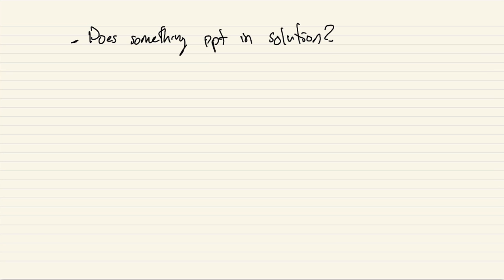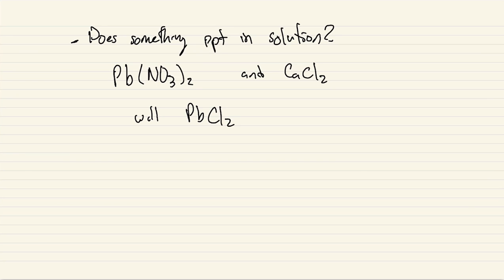And this was if we had two salts that may be mixed together, like lead nitrate and, we'll say, calcium chloride, right? So if we mix these two salts in solution, we want to know, does PbCl2 form?